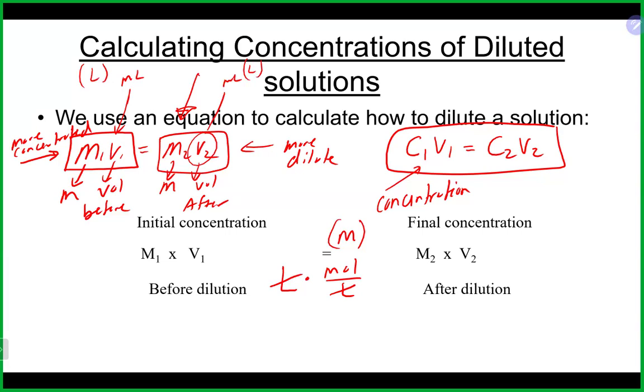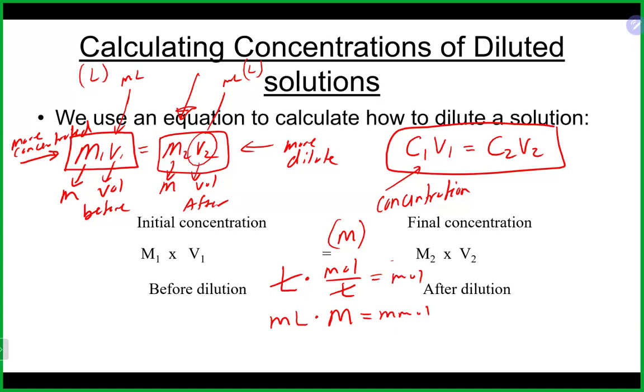The reason it works in this equation, and why you should only do it in this equation and not if you're just doing molarity and not a dilution problem, is, as I might have mentioned before, if you take milliliters times molarity, you get millimoles and not just moles, like you get over here.